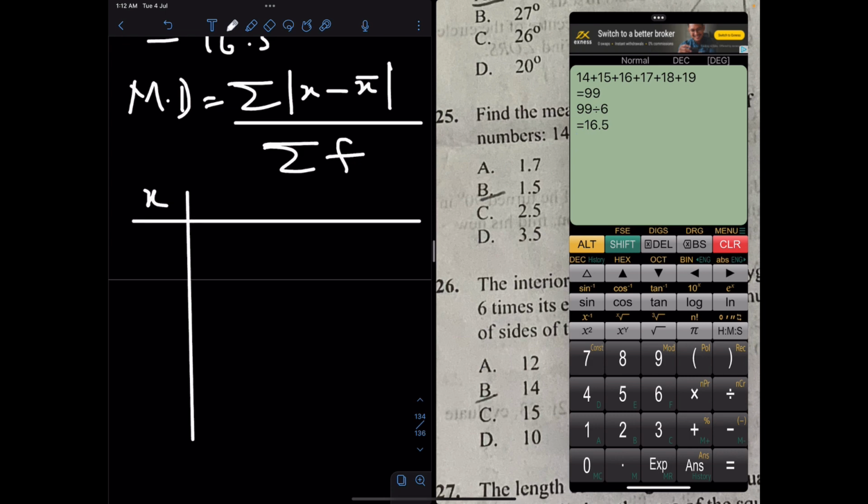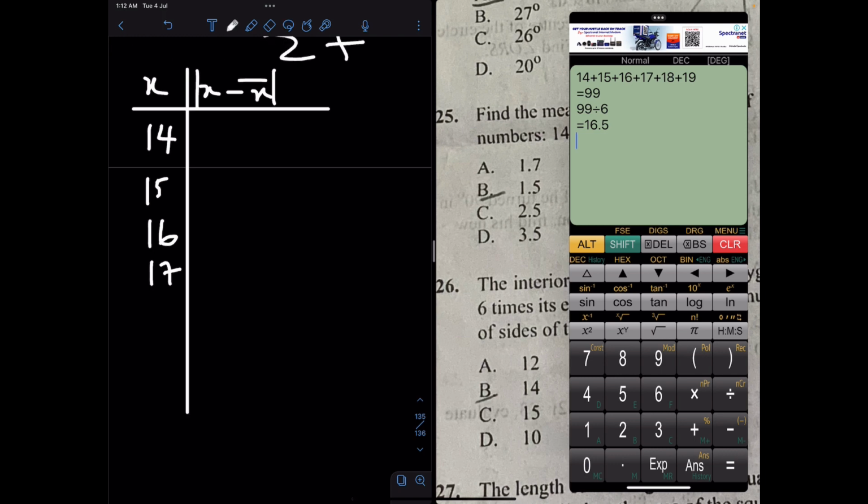These are the given values. This is x minus mean, absolute value of x minus mean. Now the values are 14, 15, 16, 17, 18, and 19.